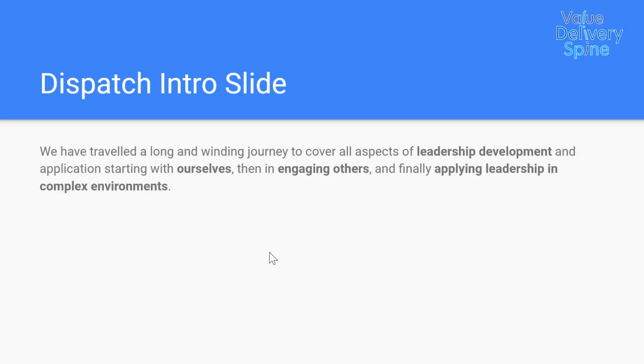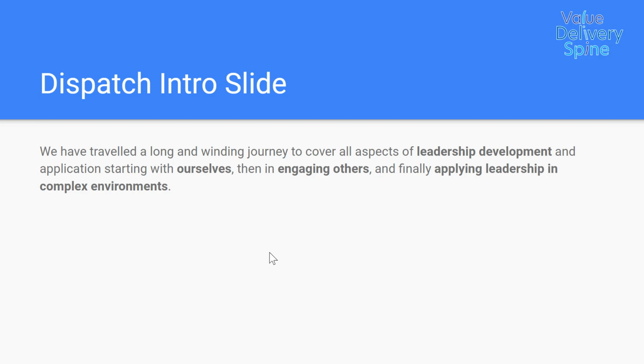To start out with, we've looked at a lot of concepts with regards to leadership and leadership development, starting with looking at how we develop ourselves and then how we engage and develop others in a leadership framework.